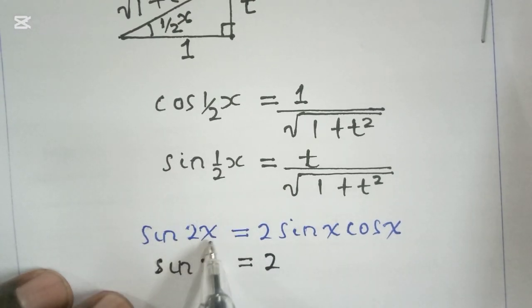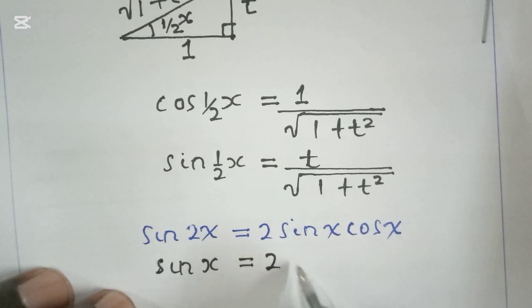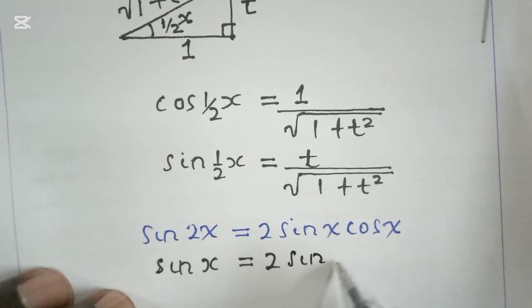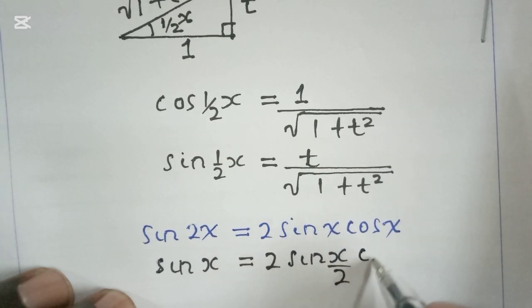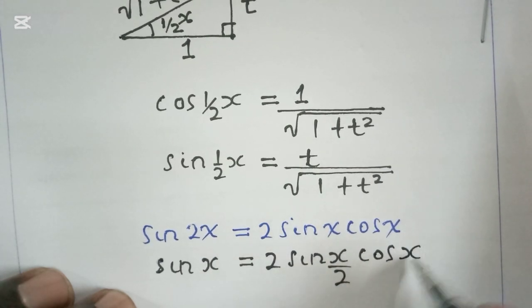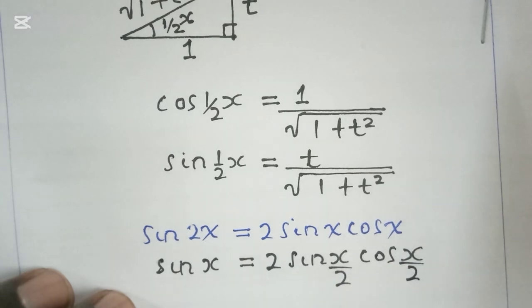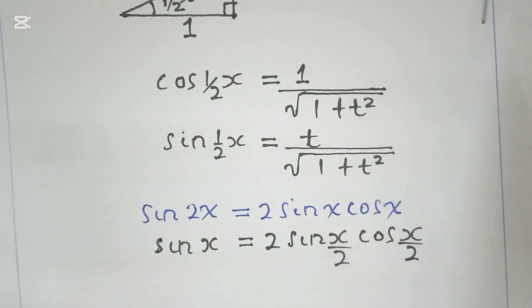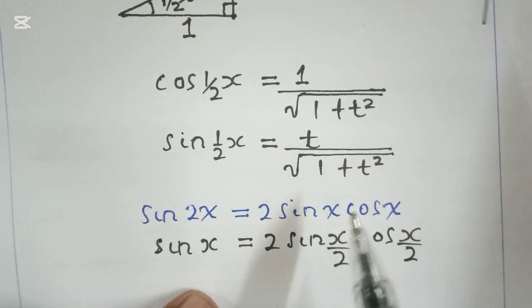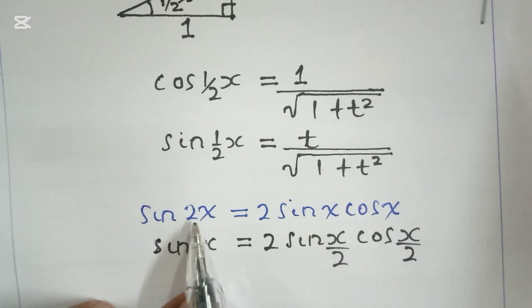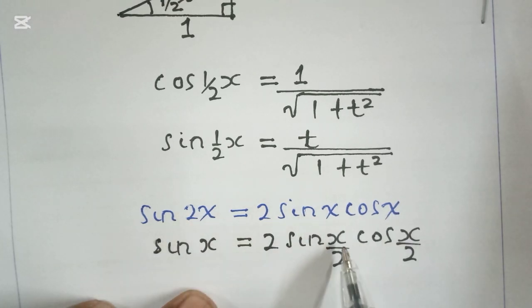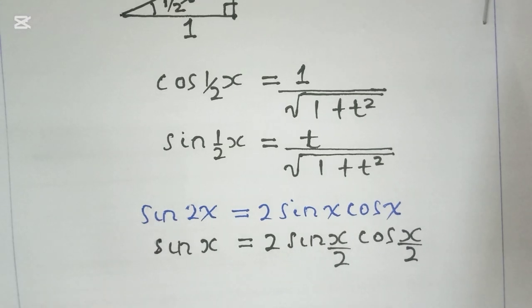Remember that this is double of that. And so if we put x here, we are going to put x over 2 here, and here we put cos x over 2, like that. And remember guys, that's why it's called a double angle formula. So if here we have x, here it becomes 2x. If we have x over 2, here it becomes x.